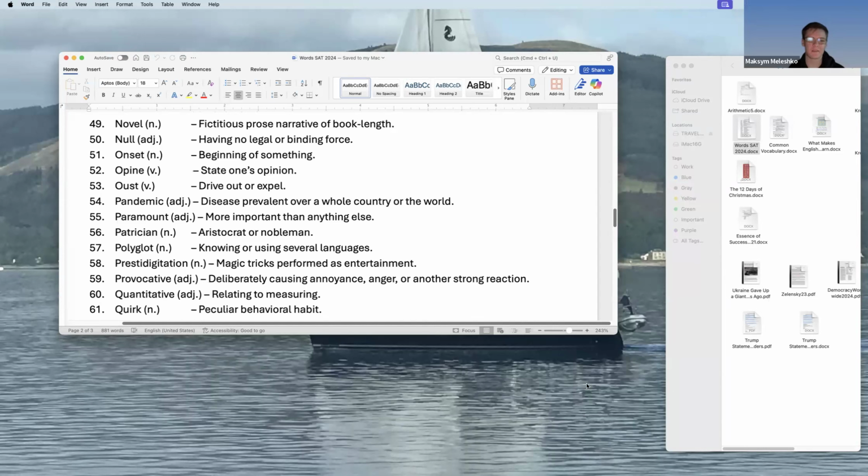59 provocative. Provocative. 60 quantitative. Quantitative. Yeah, I can't even do it. Okay. 61 quirk.